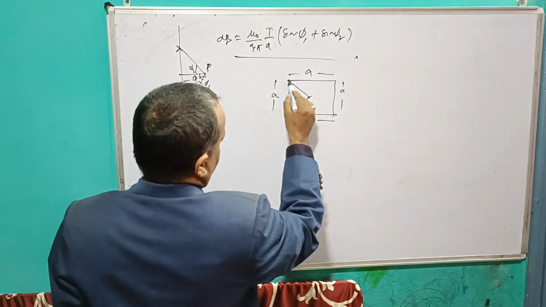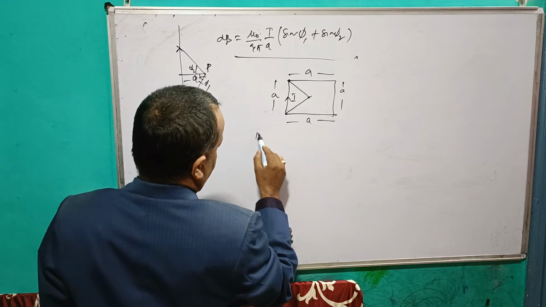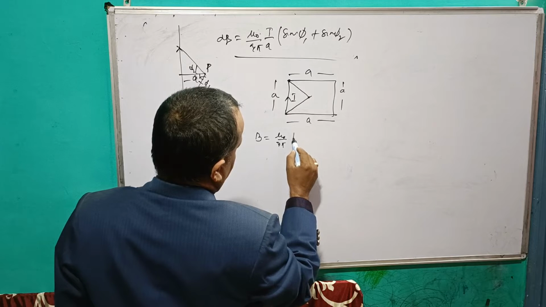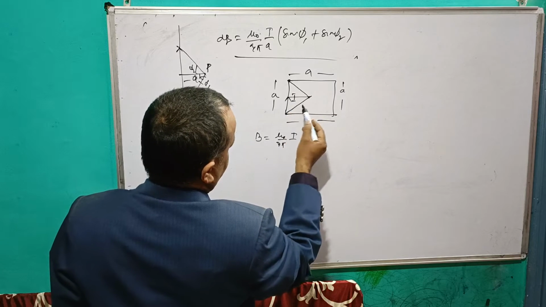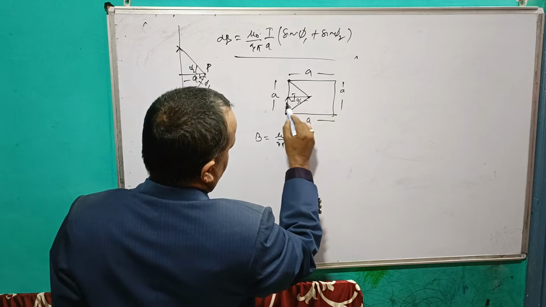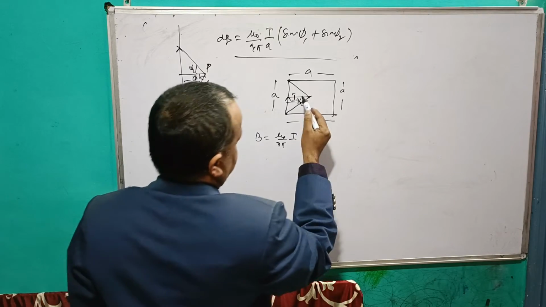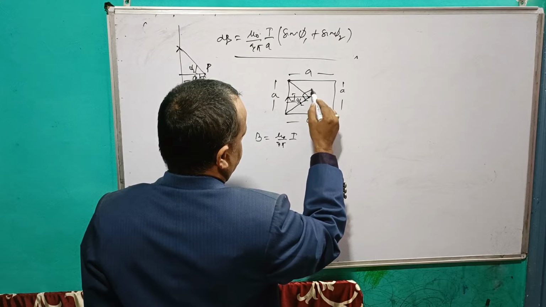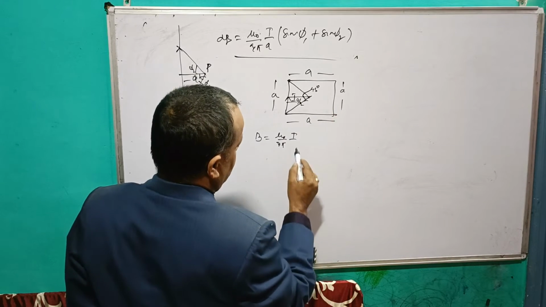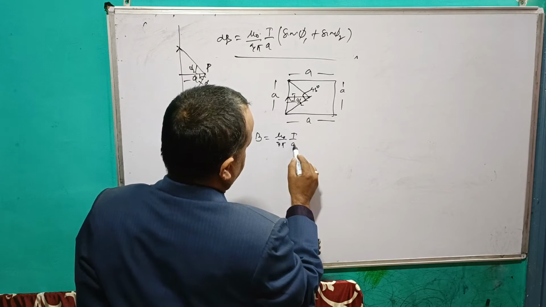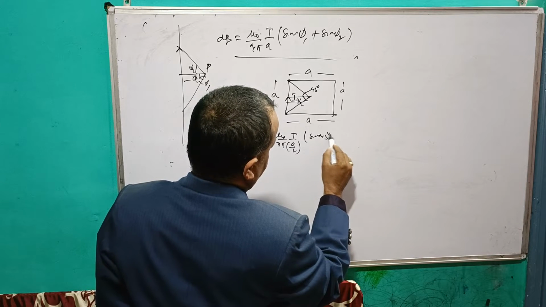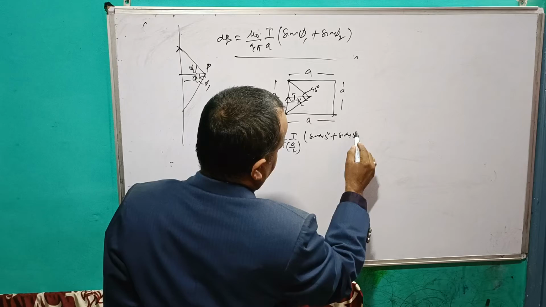So over here also B will be equivalent to mu naught upon 4 pi I, this distance is going to be A by 2. And since it is a square, the angles phi 1 and phi 2 are both going to be 45 degrees. So we'll have A by 2, sine 45 degrees plus sine 45 degrees.